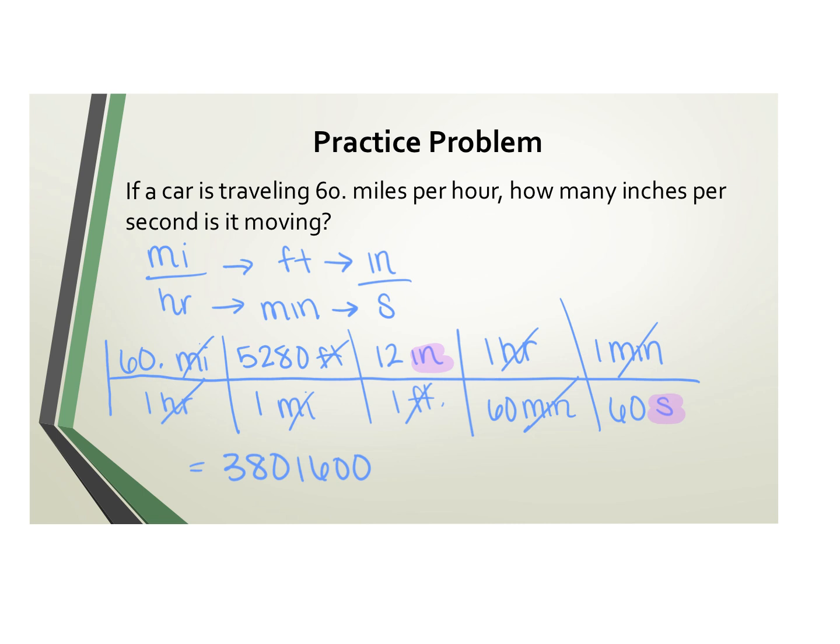Multiply the bottom row. What's 60 times 60? 3,600. And then we'll just divide. So top row divided by bottom row. 1056. Okay. Do y'all agree with the 1056?